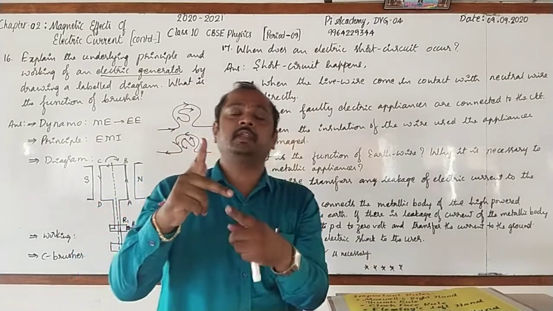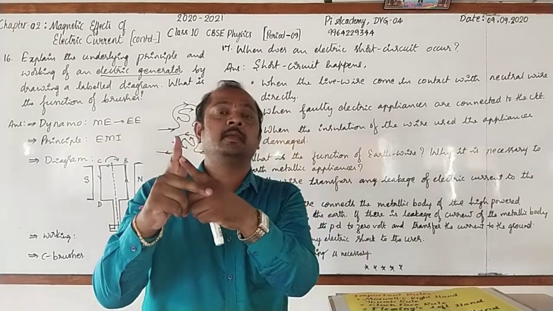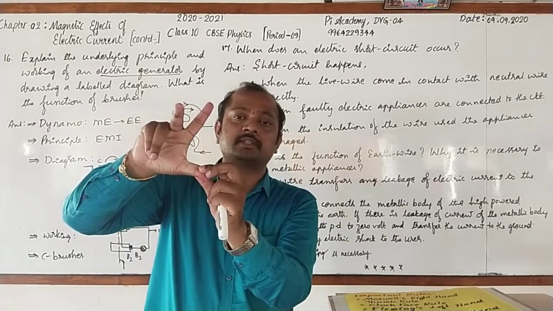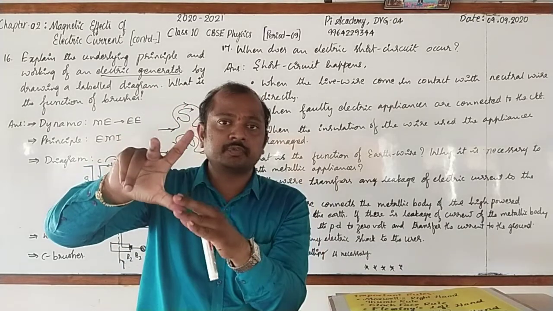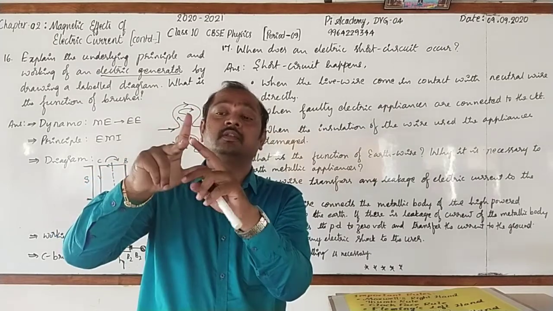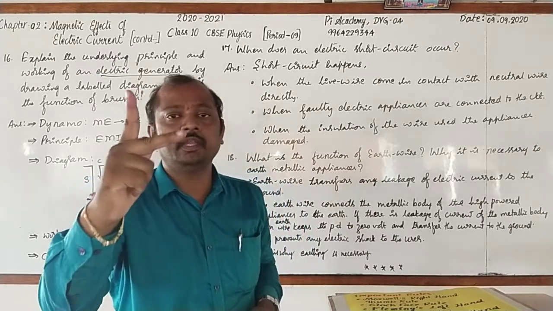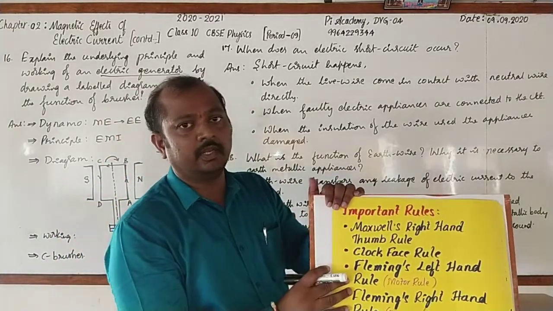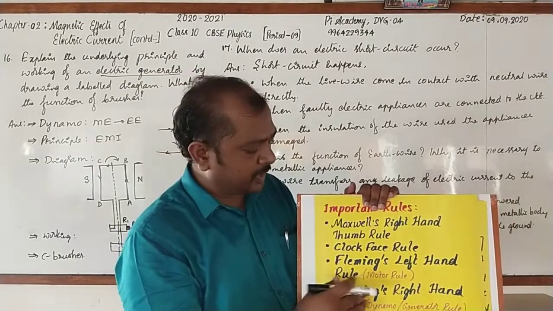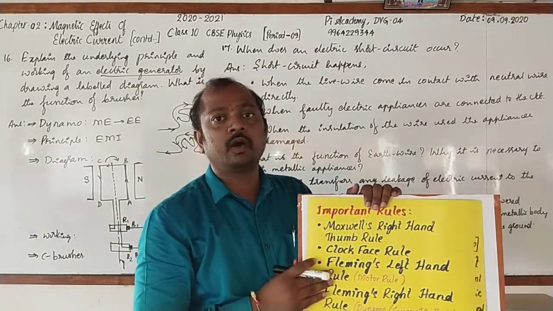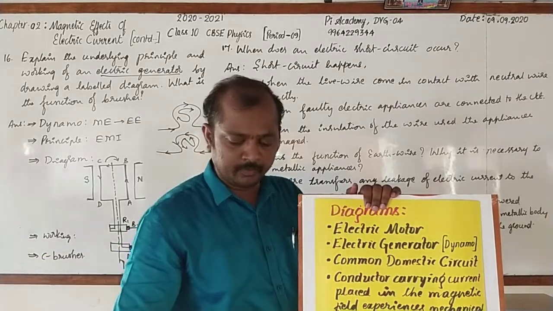If the forefinger indicates the direction of the magnetic field and the thumb indicates the direction of the motion of the coil or conductor, then the middle finger indicates the direction of the induced current. So Fleming's right hand rule is also known as the dynamo rule or generator rule.